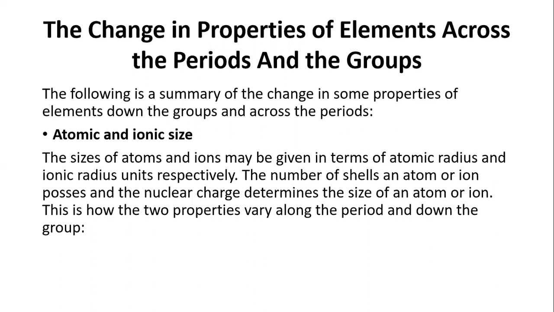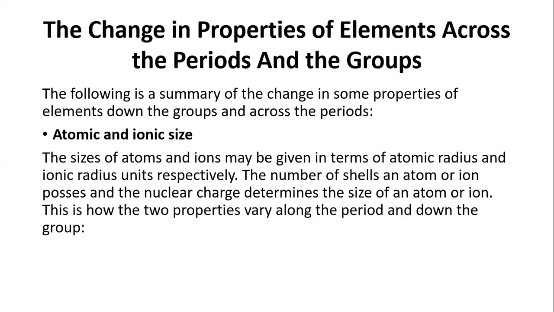Now, the sizes of atoms and ions may be given in terms of atomic radius and ionic radius, respectively. The number of shells an atom or ion possesses and the nuclear charge determine the size of the atom and ion.